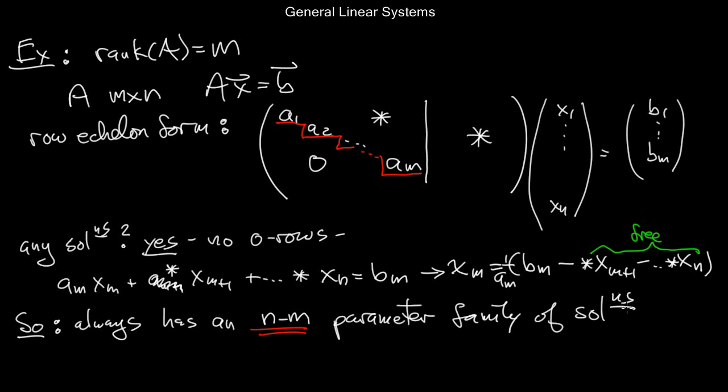So remember, the number of free variables is n minus r, where r is the rank. And this is a case where the rank is equal to m. And that's these n minus m variables out here. So that's a pretty straightforward case also.